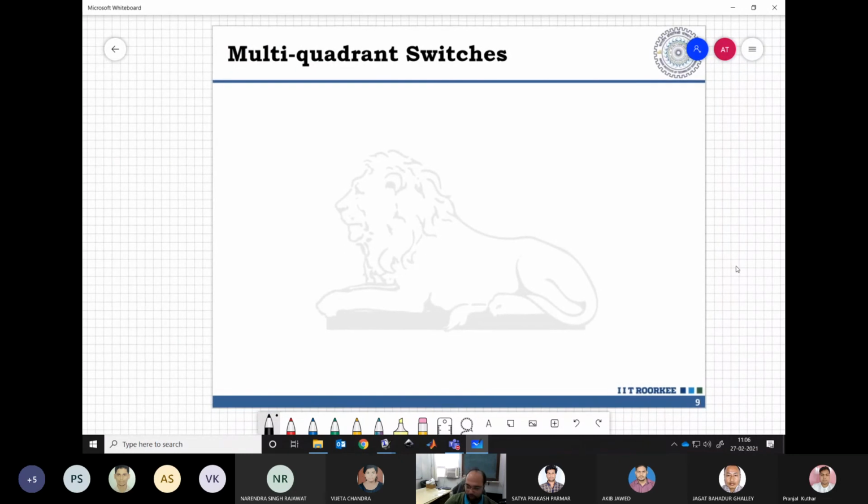Good. So far we have seen what a power electronic converter actually is. We have not discussed anything related to how it is realized, but what it is doing, the basic principle of operation for the DC-DC converter. That's what we have seen.